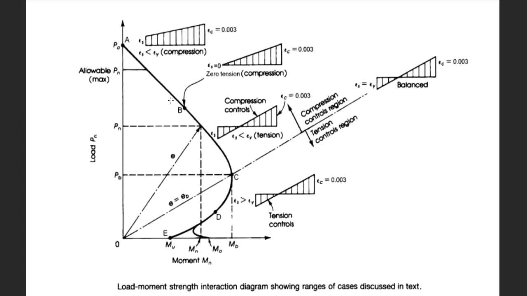So as this curve moves in a downward direction, the eccentricity is going to increase. As the moment is increasing, we can say that we are going to replace the moment with the eccentricity. Okay, so minimum eccentricity we are considering. So with that minimum eccentricity, there is a small amount of movement which is induced, but as it is very small, concrete column is going to fail by compression itself.